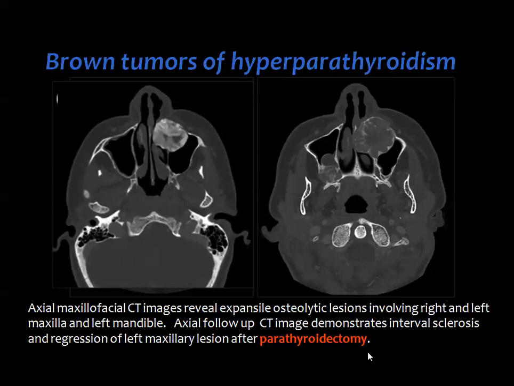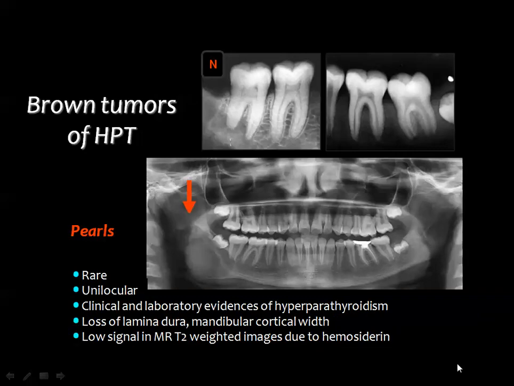Then the major issues to be known for the cystic lesions related to hyperparathyroidism in the mandible is that these lesions are relatively uncommon, they are unilocular, and there should be clinical and laboratory evidence of hyperparathyroidism.